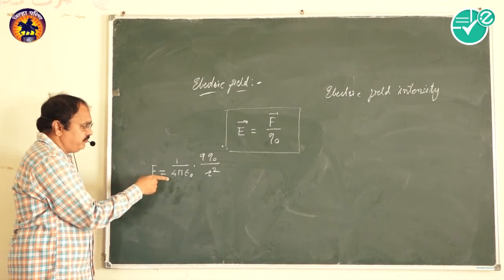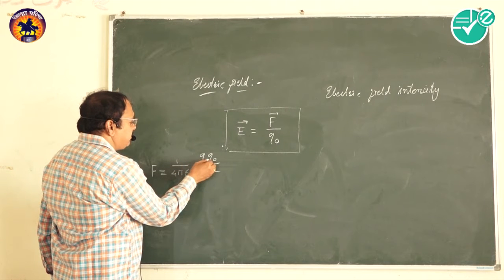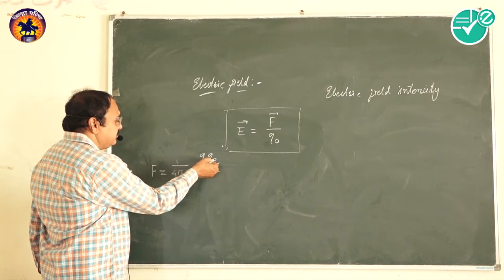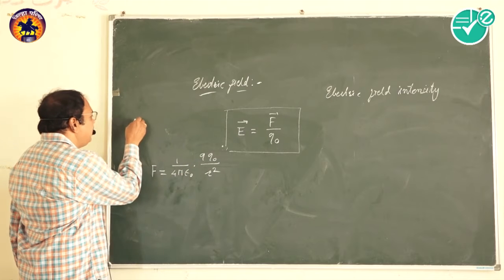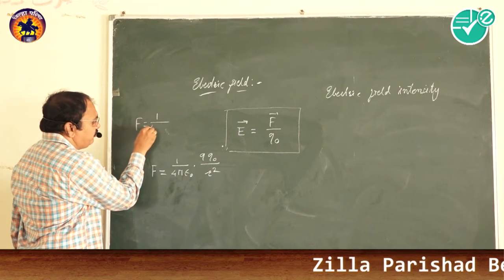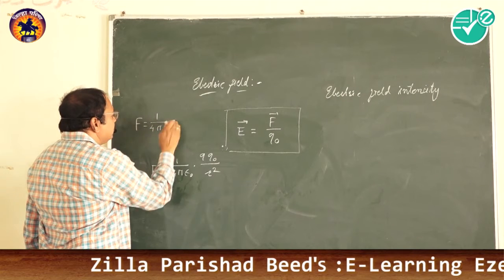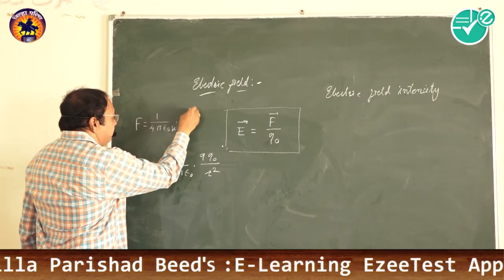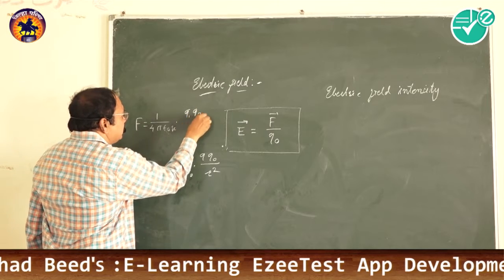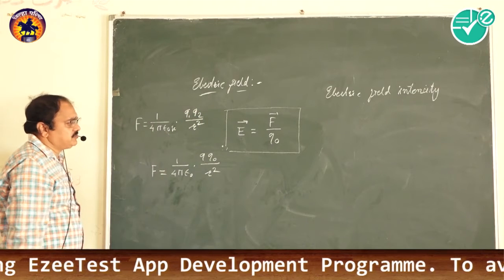This is the force if we are considering the charge Q and reference charge Q naught. This equation we have seen in the last lecture: F equals 1 upon 4 pi epsilon 0 K into Q1 Q2 upon R square. This is our previous formula.